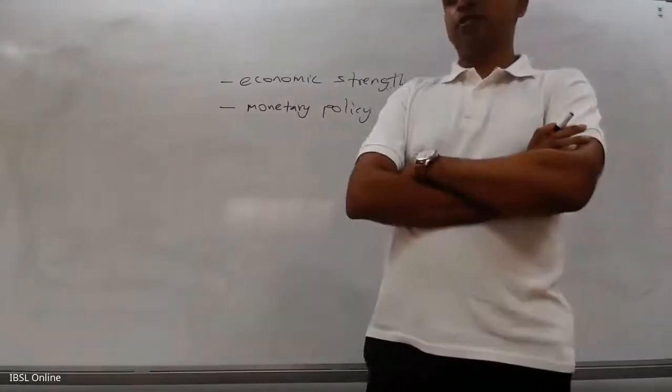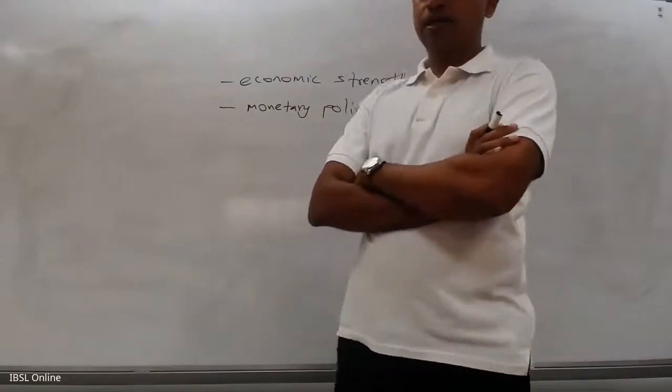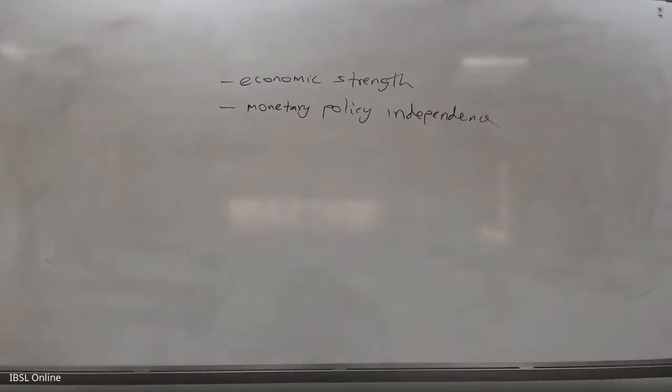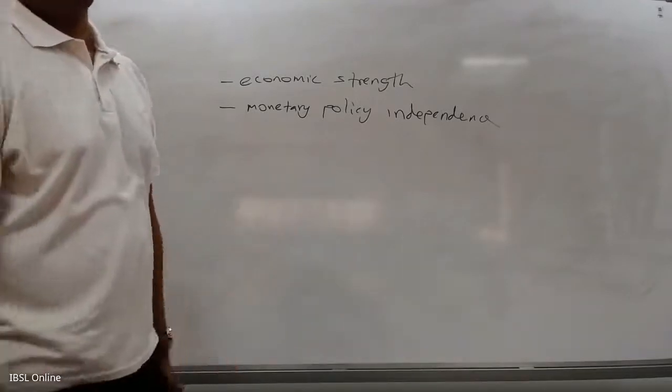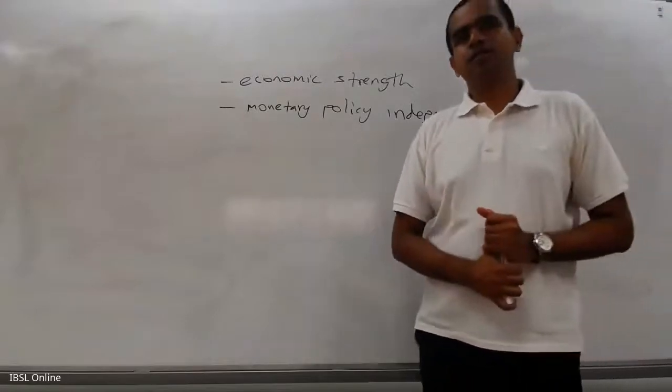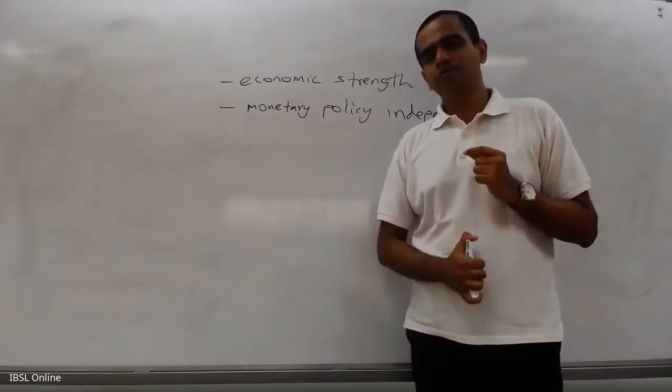So Greece defaulted, and they were saying some of the other countries like Italy were also in trouble, but they never defaulted. What happened in the case of Greece? They defaulted on their own currency. Why? Because Greece ran short of euros.